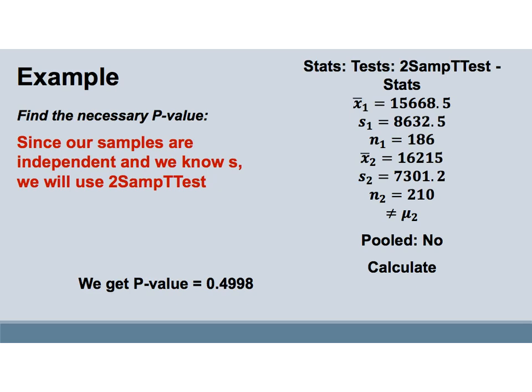I'm going to pick not equal to because that matches what my alternative was. Pooled is always no, and then calculate. And you get a p-value of 0.4998.